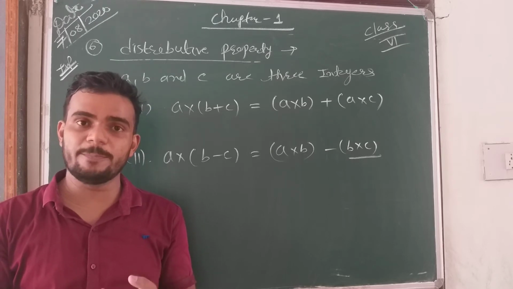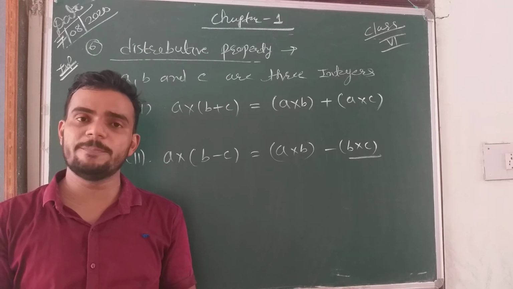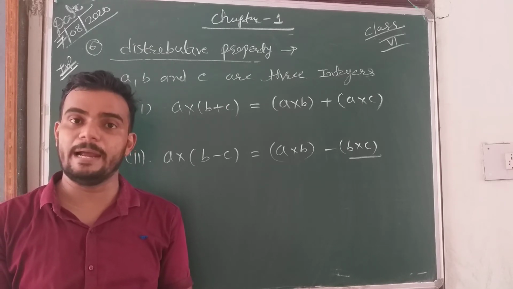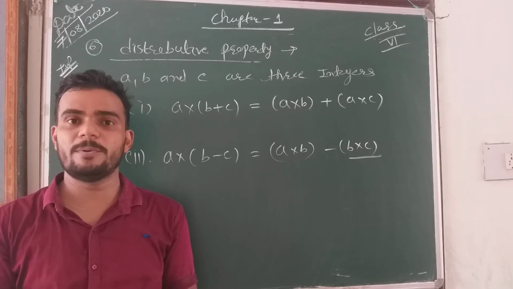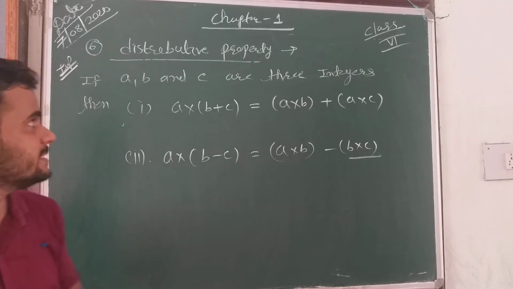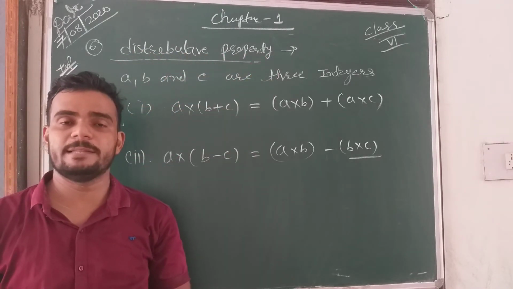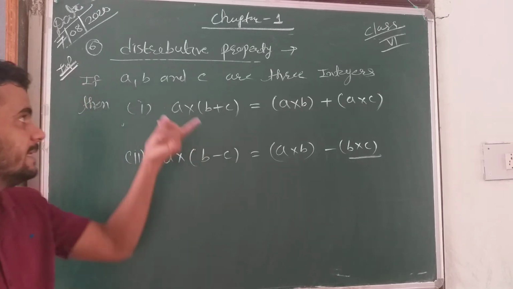The commutative property is valid for addition and multiplication. The associative property is valid for addition and multiplication. The zero property is valid for addition and multiplication, and the identity property is valid for only multiplication. And the next, the distributive property, is valid for? Very good, addition and subtraction.